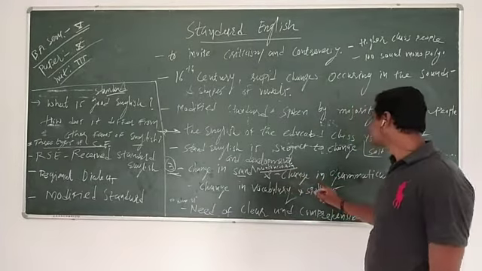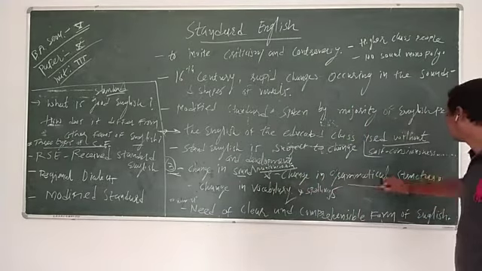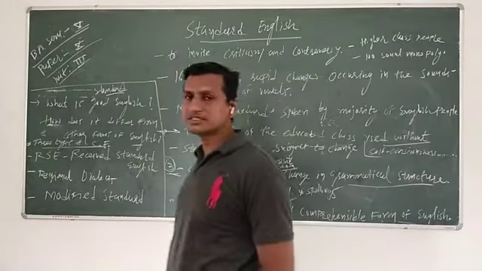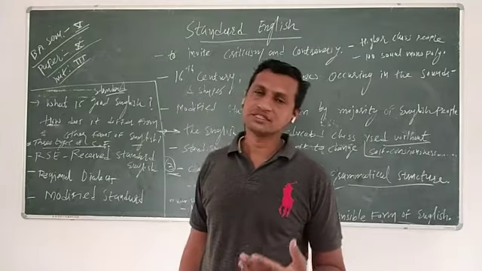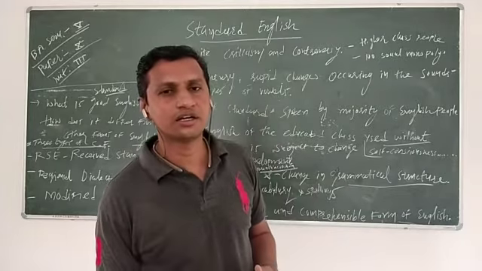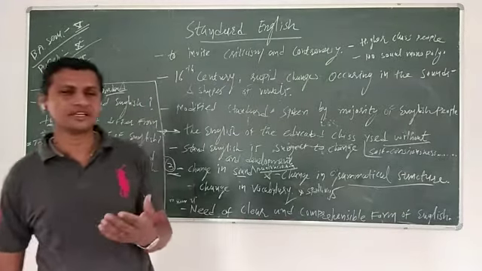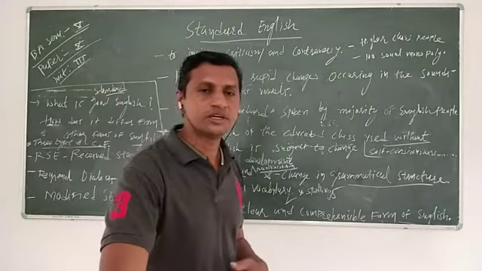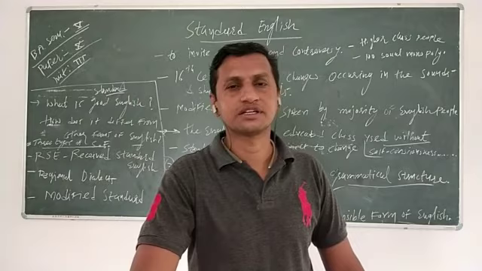The second one is a change in grammatical structure. In British English and American English, we also discuss spelling, like color, honor and many others. But there is also grammatical structure. Gradually, there was a change in grammar structure.